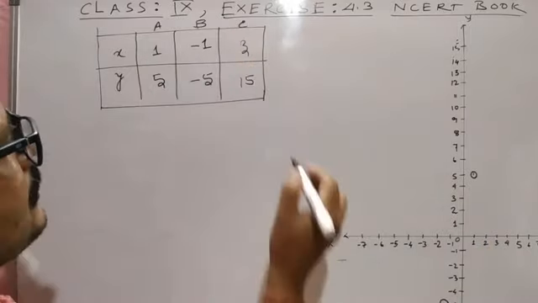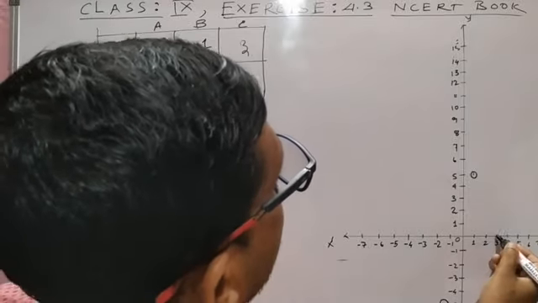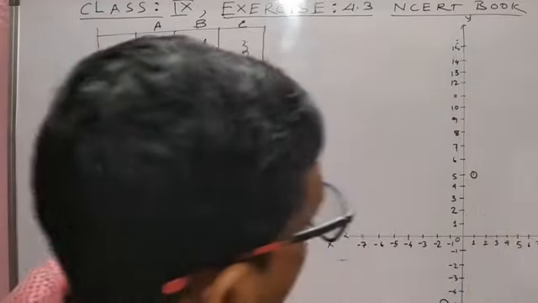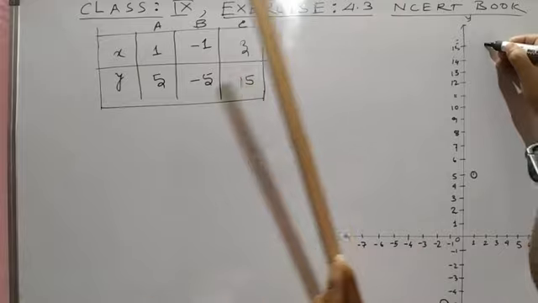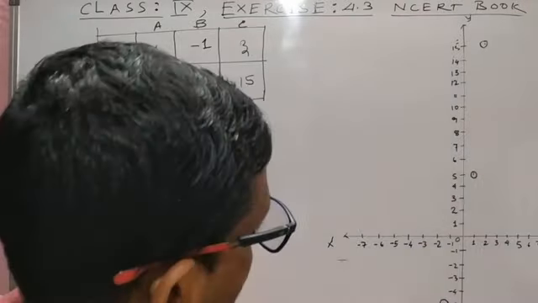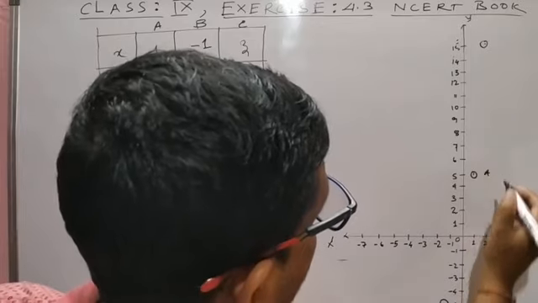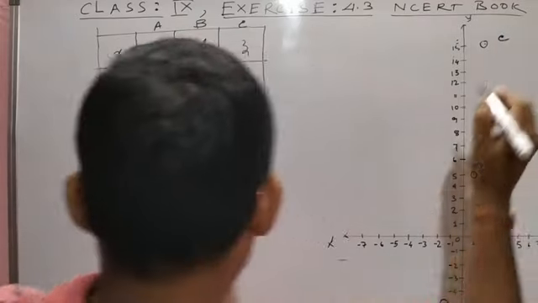When the value of x is 3, then the value of y will be 15. Definitely this will be 15. So this point is A, this point is B, this point is C.